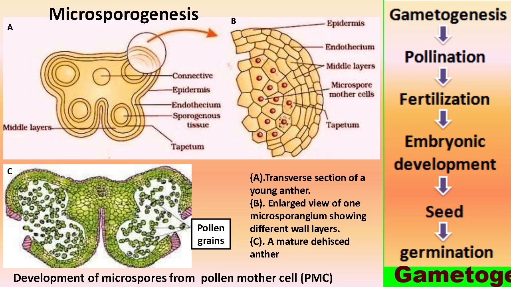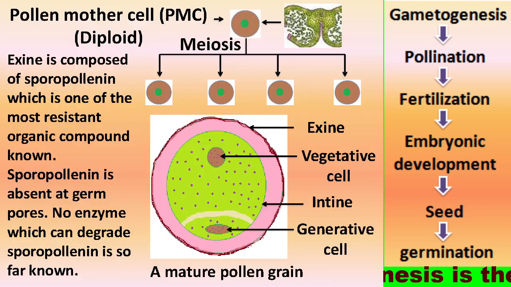Now, what is the ploidy level? That is the level of number of chromosomes, haploid or diploid or triploid. What is the ploidy level of microspore mother cell? The answer will be diploid.